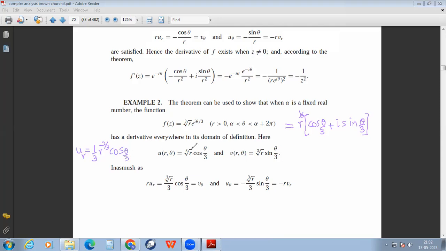So r raised to 1/3: 1/3 comes down and r gets raised to 1/3 minus 1, that is minus 2/3.